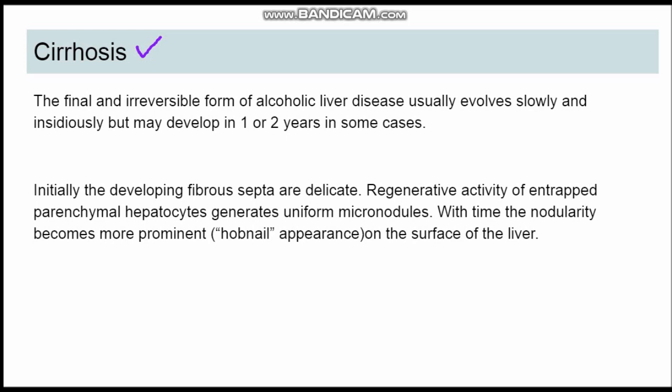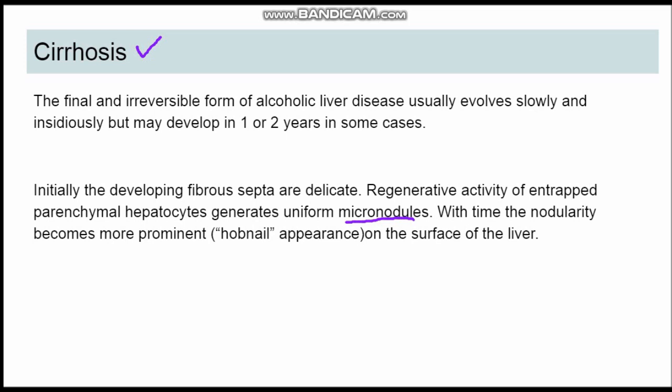So in detail, we are not discussing cirrhosis over here. It's itself a very big topic. I have discussed that in a separate video. Initially the fibrous septa which develop are very delicate, but with time they become prominent and form micronodules. So how are micronodules formed?